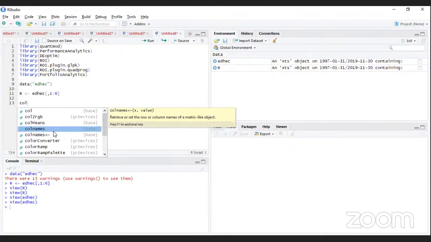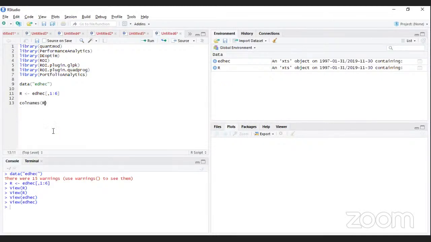Column names of R. This is where I will give a few of the column names that I have. What I am doing is renaming the columns in my data set. Because if you had seen, the column names were pretty huge, and if we try to use them in our analysis, every time we will have to write a very huge name.